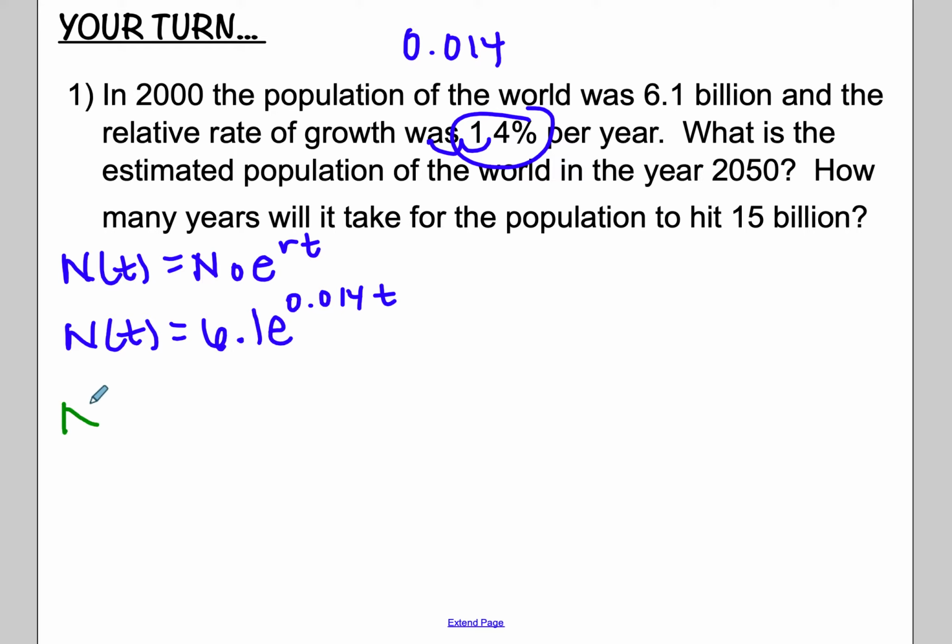Okay, so there's my general equation for any time. We want to know specifically the year 2050. So now be careful. We started in 2000, so how many years is it from 2000 to 2050? It's 50 years, so we plug in 50. So it's 6.1 e to the 0.014 times 50.